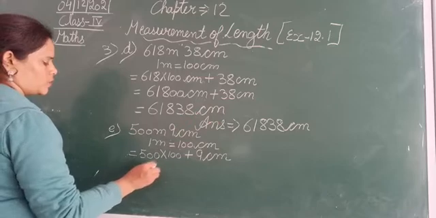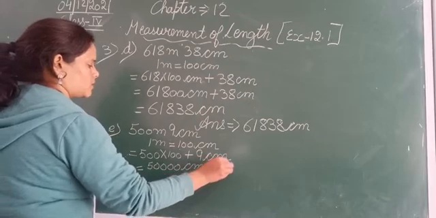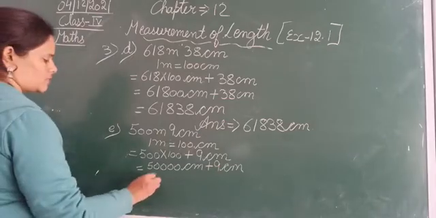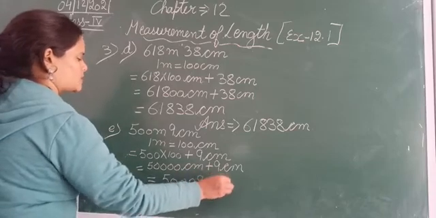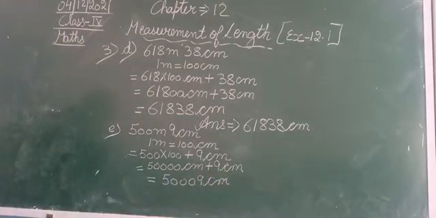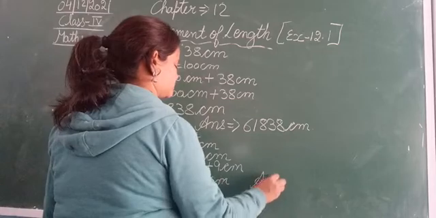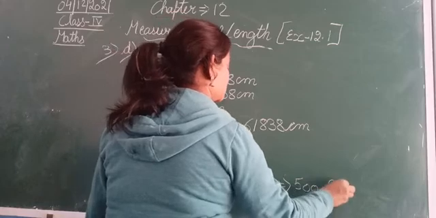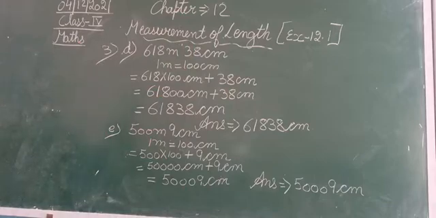So this is 50,000 centimeter plus 9 centimeter, which is 50,009 centimeter. So the answer is 50,009 centimeter. This is the D and the E part of question number 3.